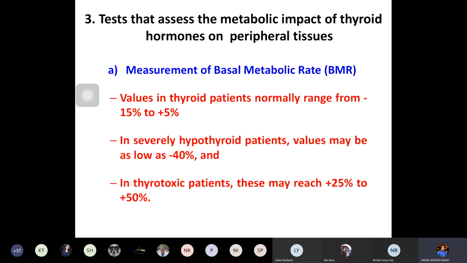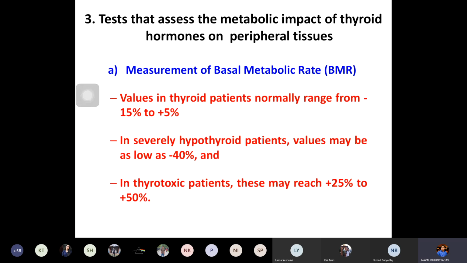The third one you can see here is the test that assesses the metabolic impact of thyroid hormones on peripheral tissue. There are other tests which are not directly related, but you can do some tests that assess the metabolic impact of thyroid hormone on peripheral tissues. So you can measure the BMR, that is basal metabolic rate, and that will give the idea about the percentage.